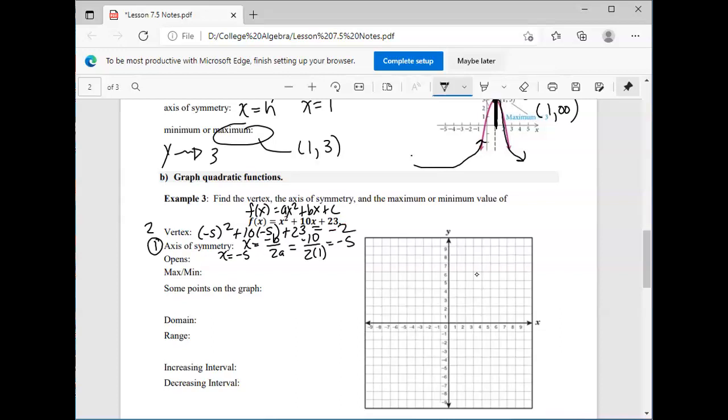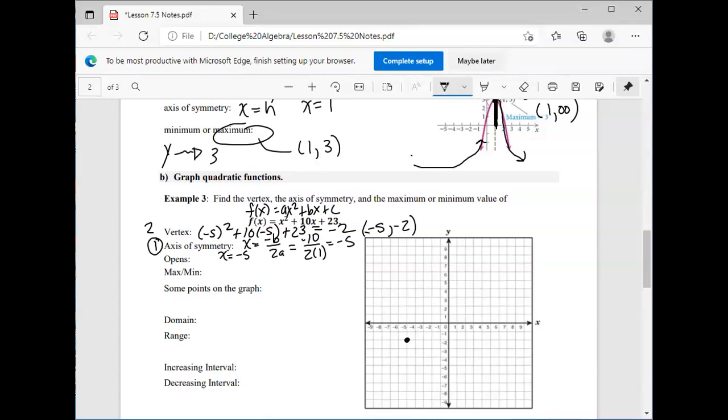I'm going to check myself to make sure we're not messing something up. Yep, negative 2. So my vertex happens, this would be the answer to Y. So my vertex happens when X is negative 5 and Y is negative 2. So I know that. I can go plot that point, negative 5, negative 2.